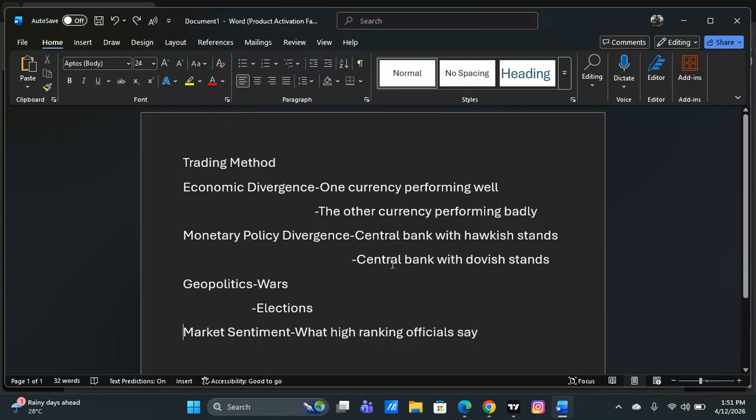In fact, you find out that the currency is actually moving deeper into a recession, and the other currency is already talking about hiking rates or hiking rates. So that is the divergence.